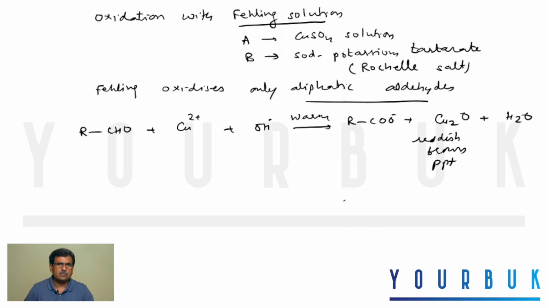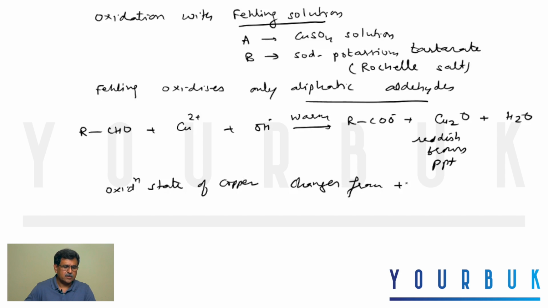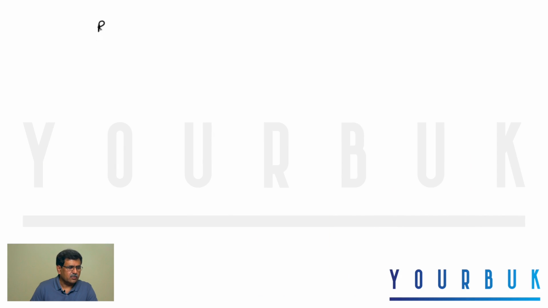So this is oxidation with Fehling solution, and in this case the oxidation state of copper changes from +2 to +1. So whenever you have a question to distinguish between aldehyde and ketones, you prefer either Tollen's or Fehling.